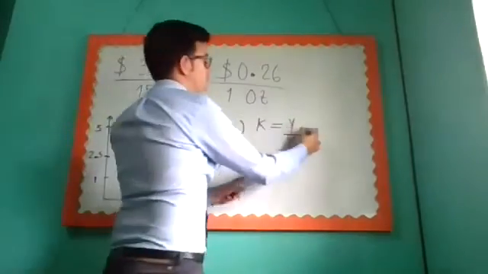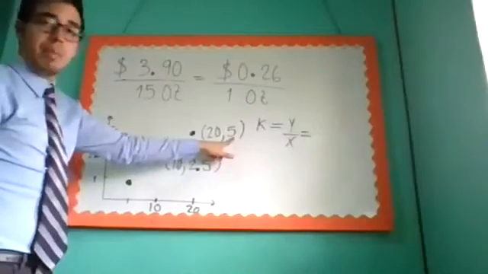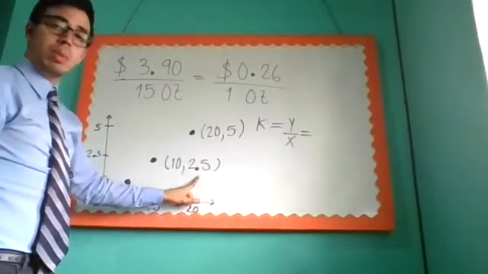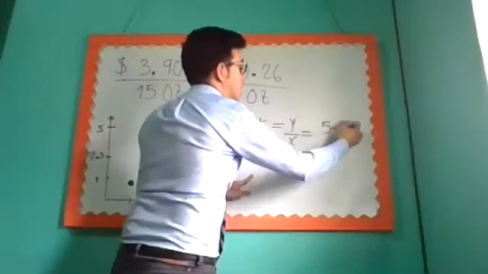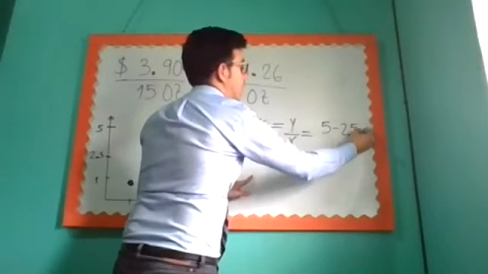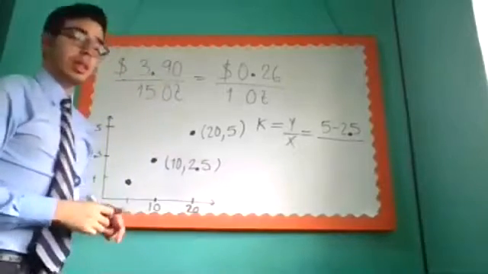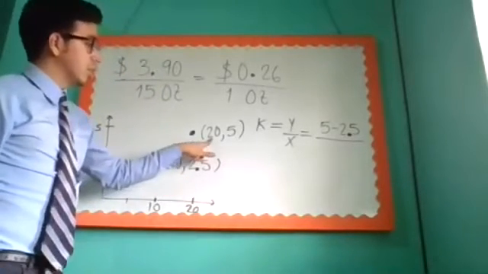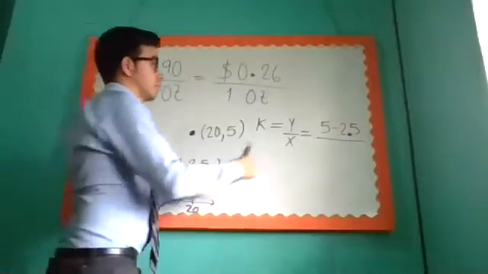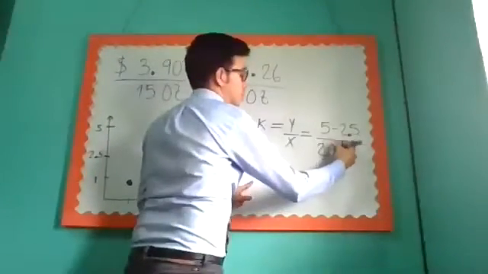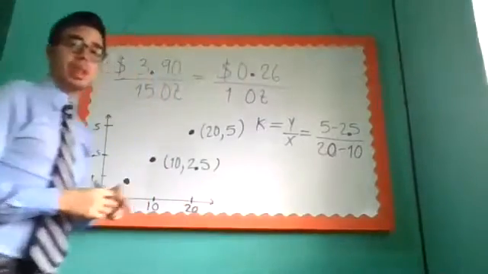And what is y? I need to divide in y, remember? 5 minus 2.5. And for the x, we need to divide 20 minus 10. This is what we did yesterday, remember, with the first example.